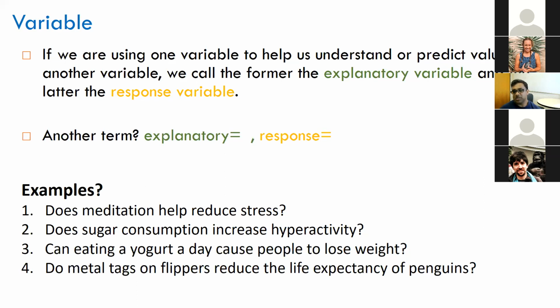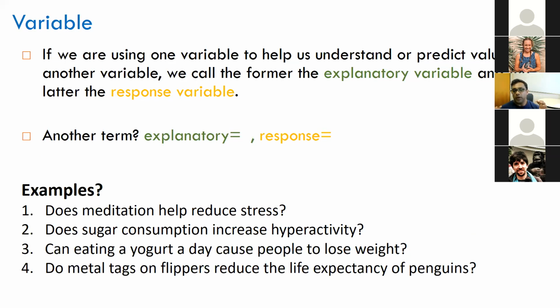Second one, does sugar consumption increase hyperactivity? So the hyperactivity is the thing that you are going to measure. And sugar consumption is the variable that you change, because you want to study how the hyperactivity varies with the sugar consumption.